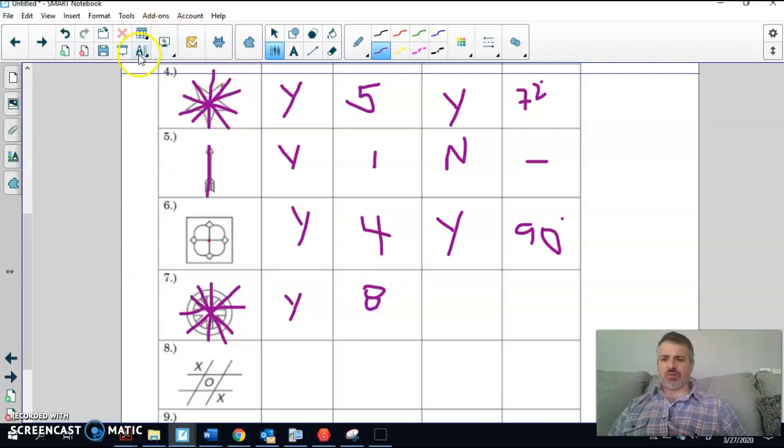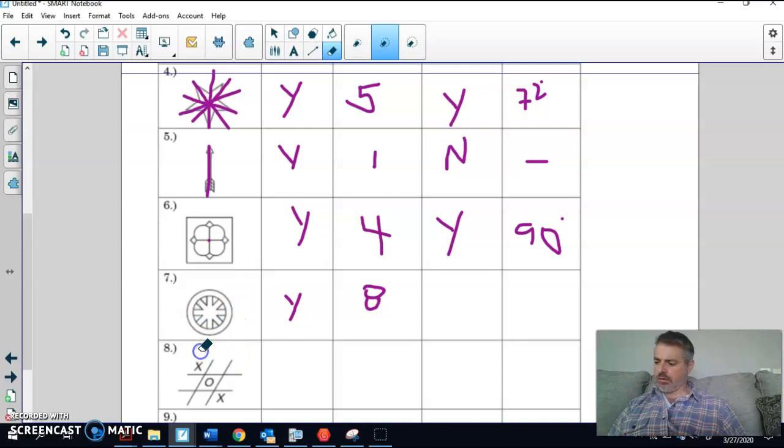Definitely has rotational symmetry on that one. Let's take a look at it a little bit clearer. So I got to look for equal parts here. So it's a yes. Equal part would probably be one of these little triangle things right there. So there's 1, 2, 3, 4, 5, 6, 7, 8 of those.